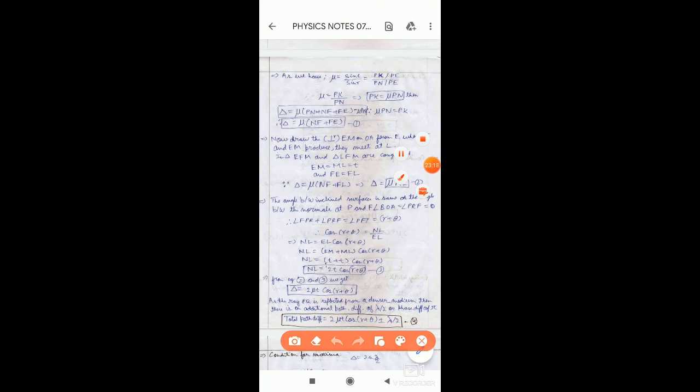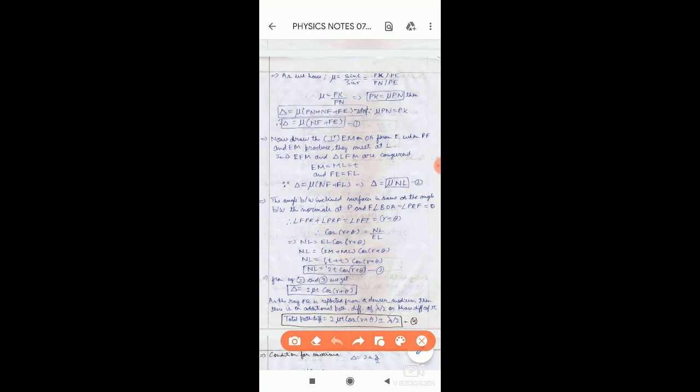So it can be written as mu into PE plus EF minus PK, and as we know the relation PF equals PN plus NF, the path difference equals mu (PN plus NF plus FE) minus PK. From Snell's law, mu equals sin i upon sin r. We can find the value of sin i and sin r from the figure.